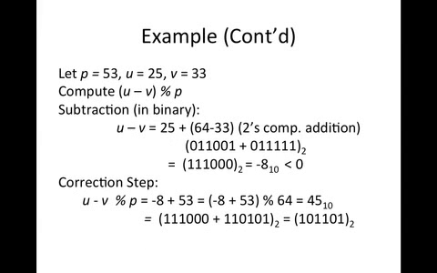So subtraction is the same. When we subtract, let's say, 33 from 25, as we do over here, again, we just simply add the 2's complement of 33 to 25, and that becomes an addition one more time. And we get a number, in this case actually minus 8. So this is the one that we need to correct.